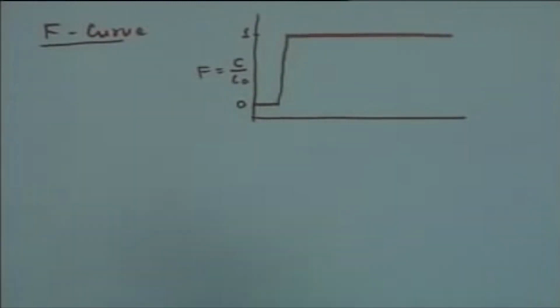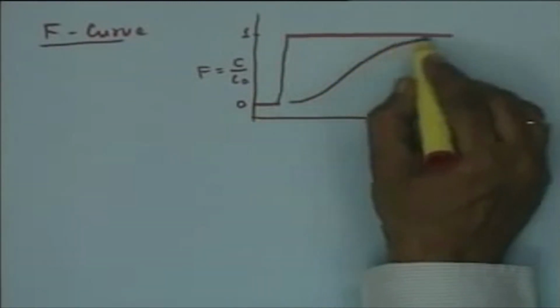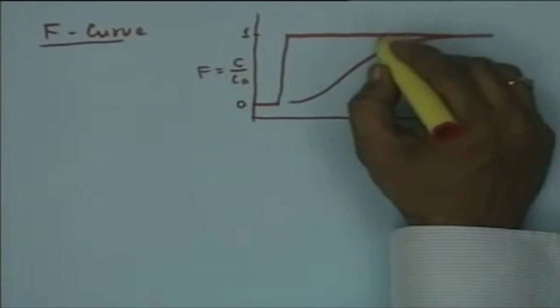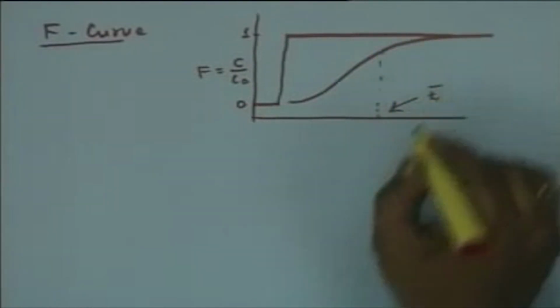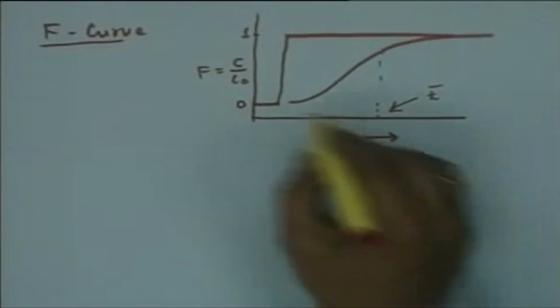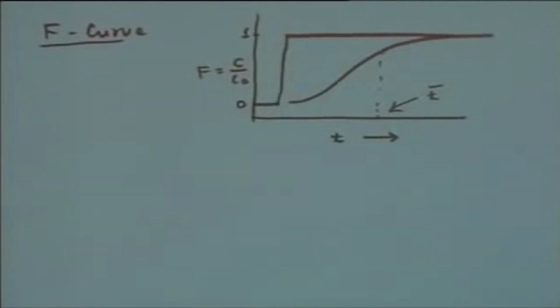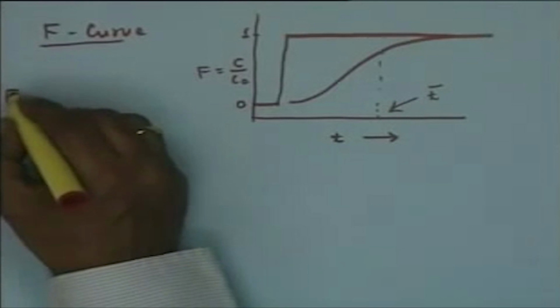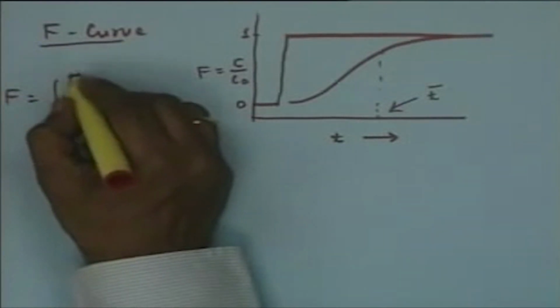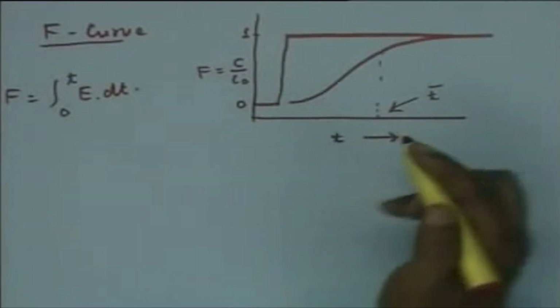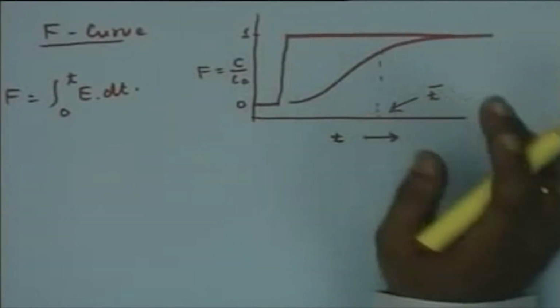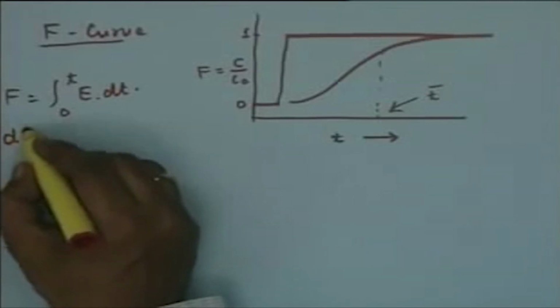Ultimately you get a response like this, with the mean residence time of T bar, this is time, and F is essentially C upon C naught. And F is equal to the integral from 0 to T of E dt, and obviously over a period of time this continues.